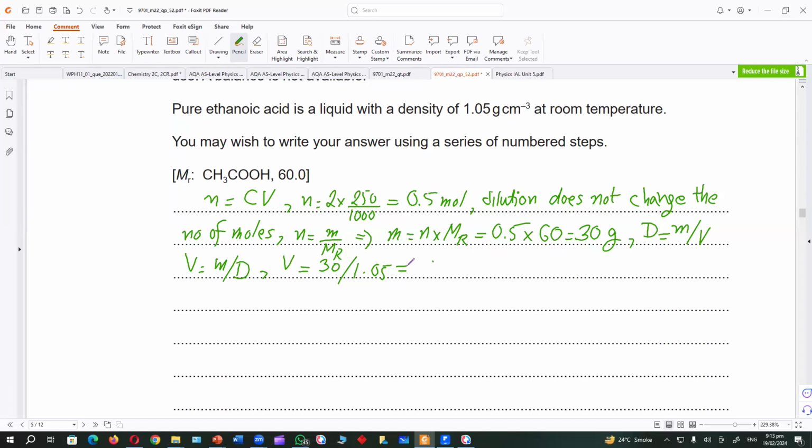It will be 28.6. That looks logical. 28.6 we take in a beaker.